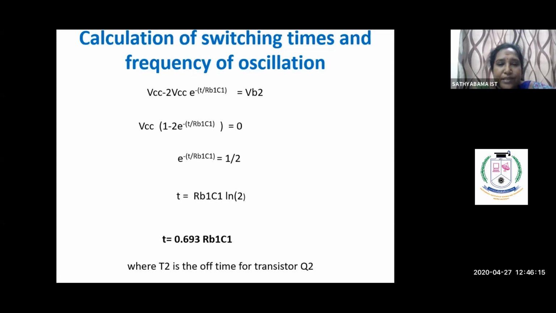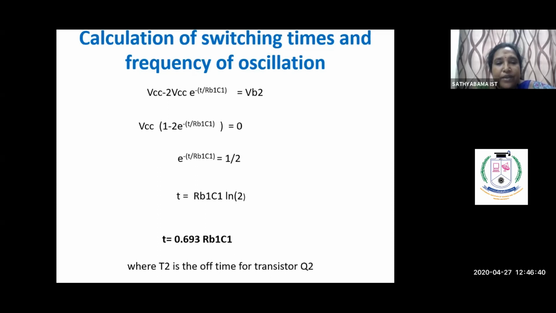Reducing this equation again, you get the time period T equal to RB1 into C1 into the natural logarithm of 2. In the previous equation you can see the exponential term e to the power. To cancel it, we take the natural logarithm on the LHS and RHS.